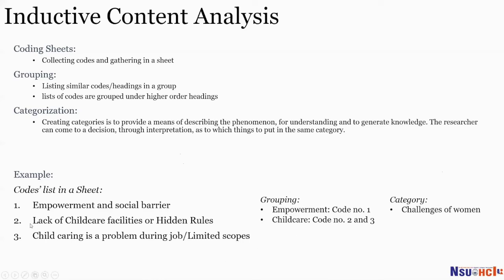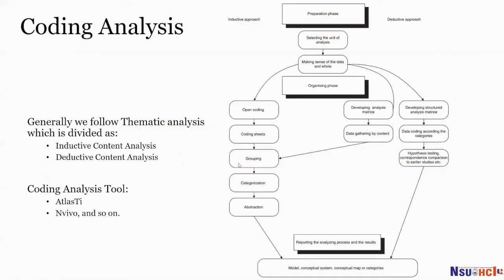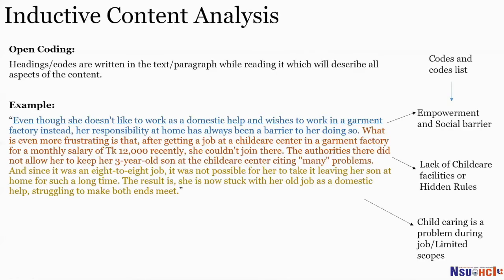I put 2 and 3 in a childcare group, and number 1 is in the empowerment group, and then I make these whole things a group. So that is how you code your findings, through following these processes. I think it's easy, and once you have done this, it will be easier.